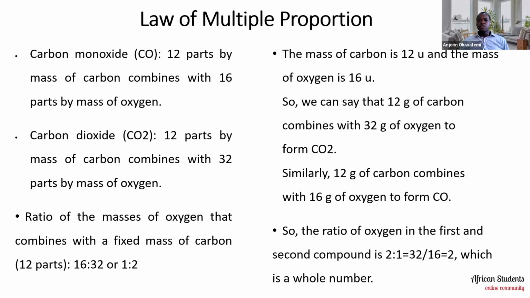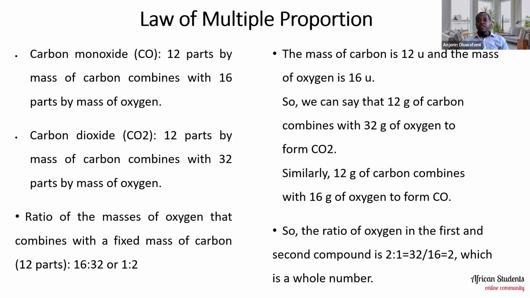Carbon is constant, 12 parts in both carbon monoxide and carbon dioxide is what is combining. But the oxygen is varying. You have 16 parts by mass of oxygen combining with carbon to give us carbon monoxide, and then 32 parts by mass of oxygen combining with 12 parts by mass of carbon to give us CO2.